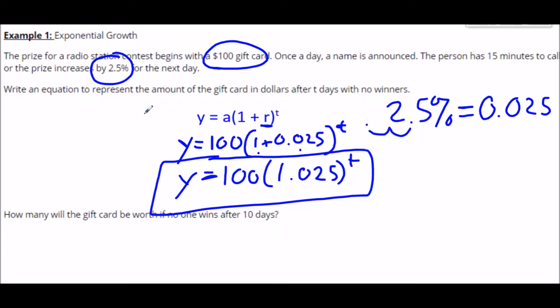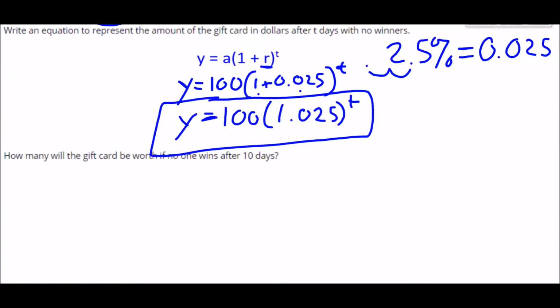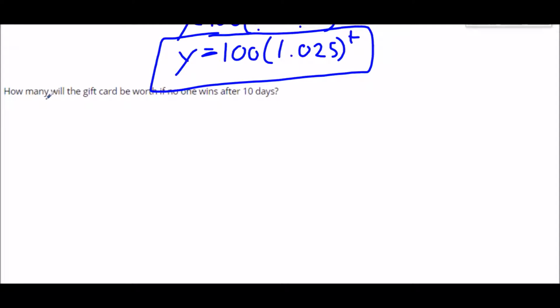We can go one step further and actually use our equation to determine how much the gift card would be worth if no one wins after 10 days.